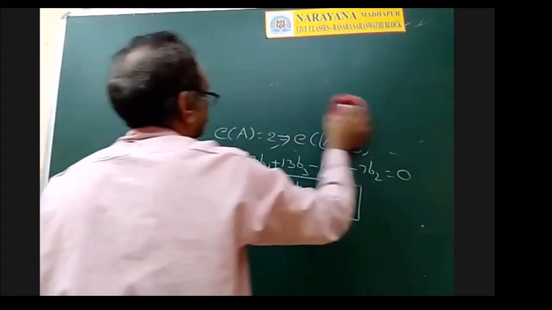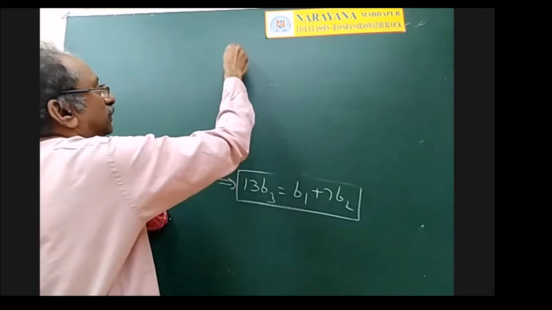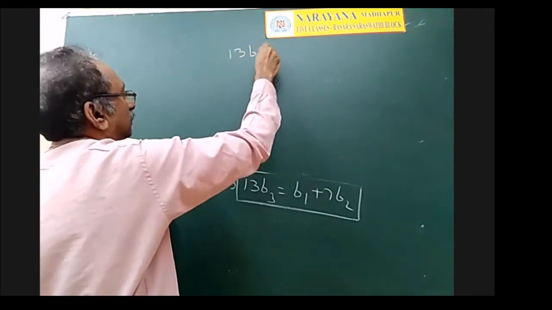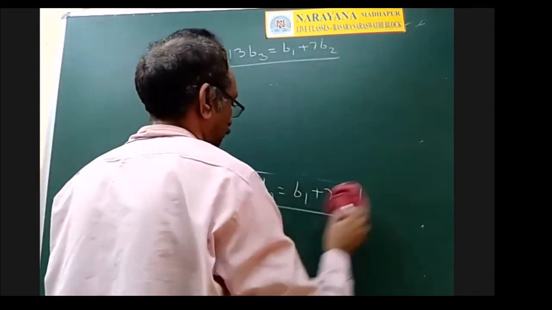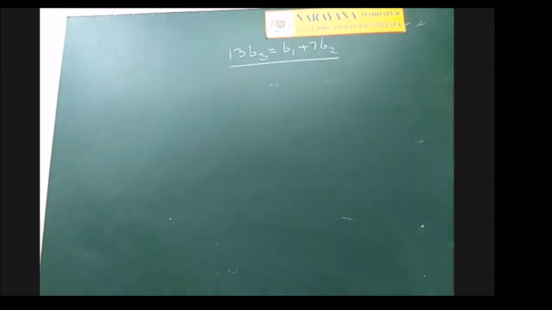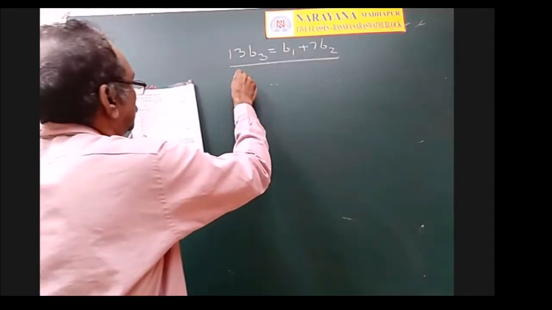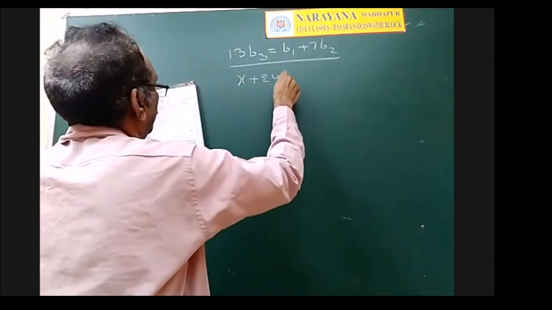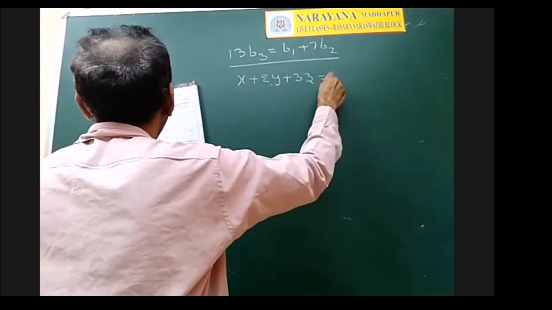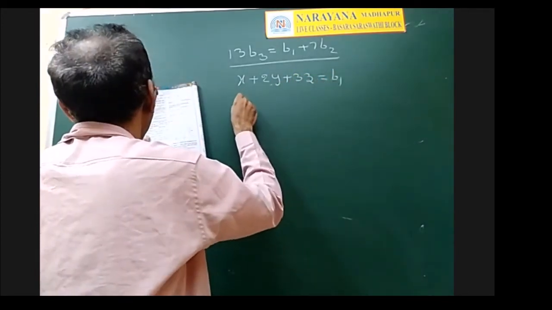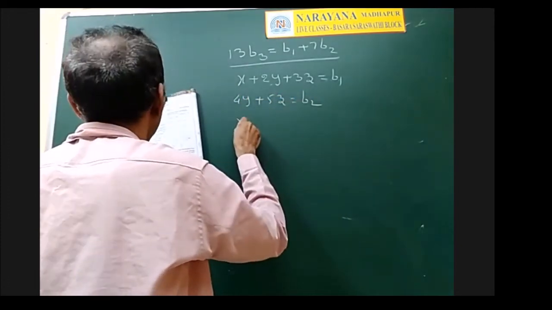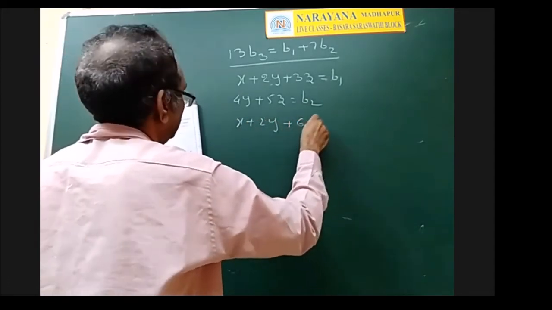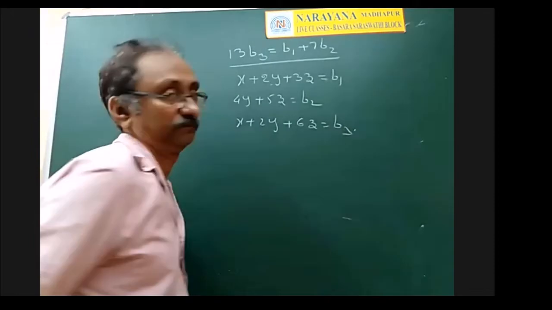So you write here 13b3 is equal to b1 plus 7b2. Now I'll go to the first option: x plus 2y plus 3z is equal to b1, 4y plus 5z is equal to b2, x plus 2y plus 6z is equal to b3.